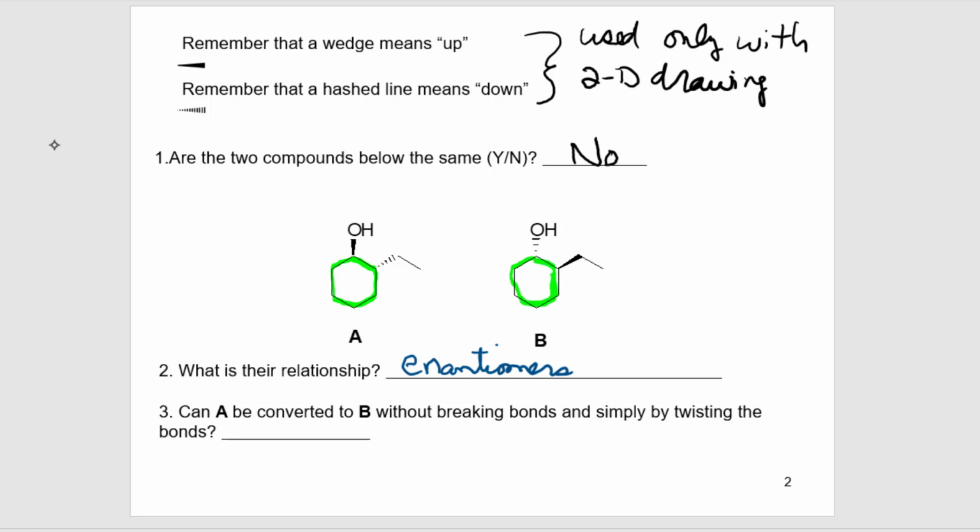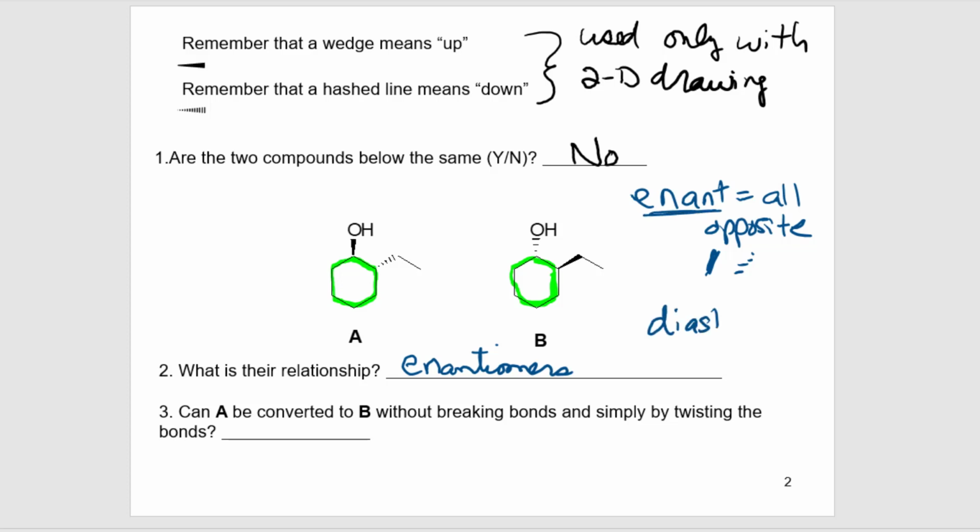Okay, now when you draw the carbon framework the exact same way, you put the ethyl at the position to the right with the alcohol straight up, you can then do a direct comparison. Enantiomers are going to have all opposite wedges and hashes. So if everything in A that was a wedge became a hash in B and vice versa, then you're dealing with enantiomers.